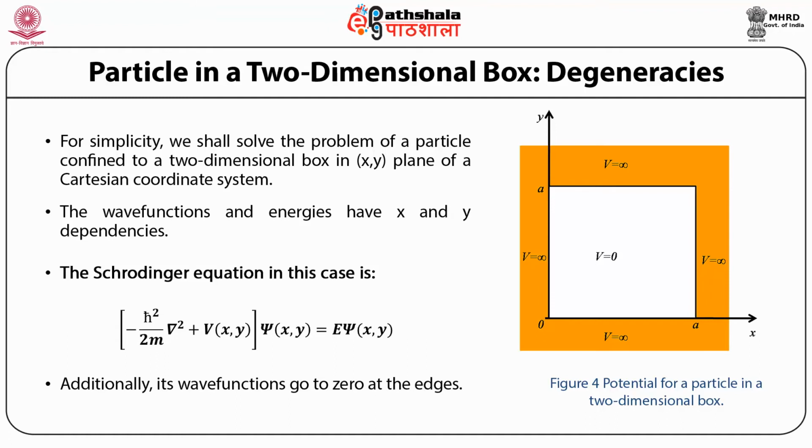Namely, we have a symmetric box with dimension a along each axis and with a potential that is 0 inside the box but is infinite outside the box. So the particle is therefore confined to the interior of the box.